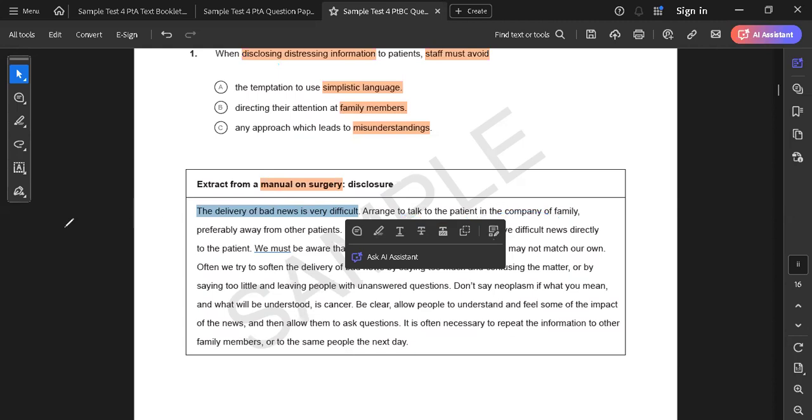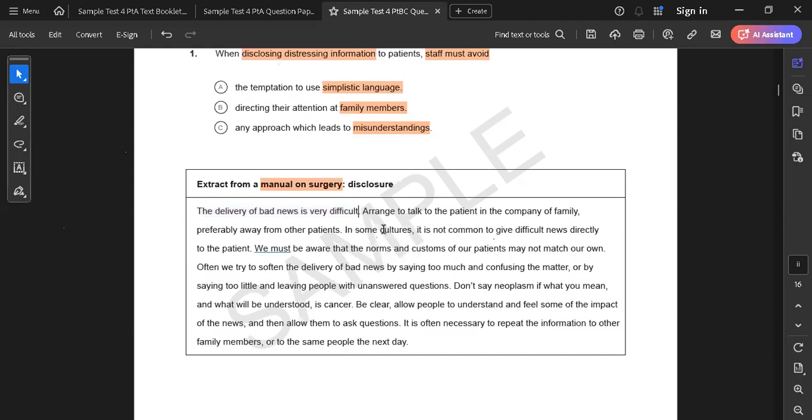Okay. Now next one is, one minute. Now, next is you keep on reading. In some cultures, it is not common to give difficult news directly to the patient, but we are not talking about cultures. We are not talking about what is common.